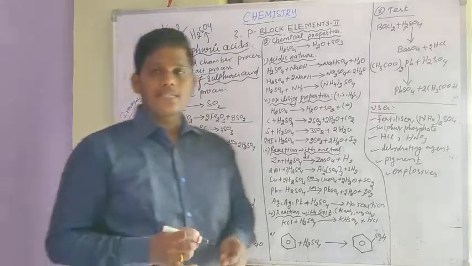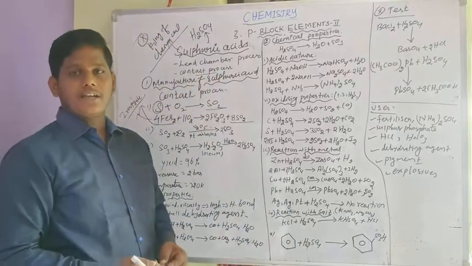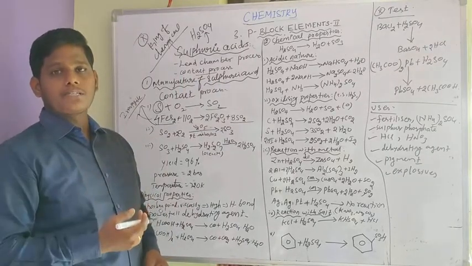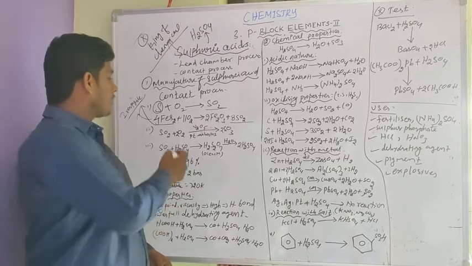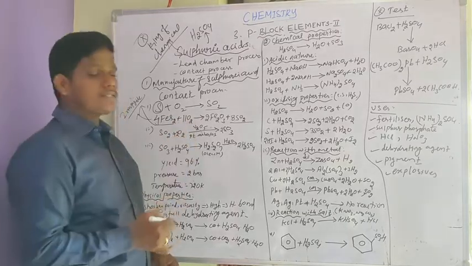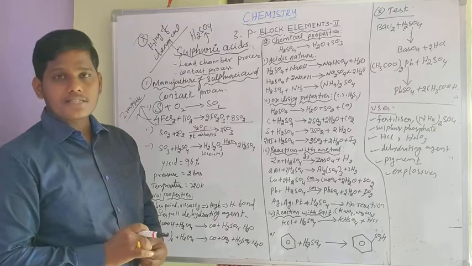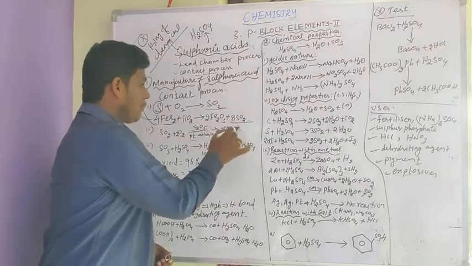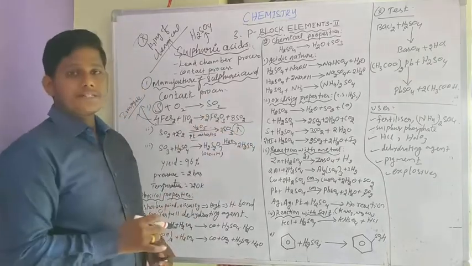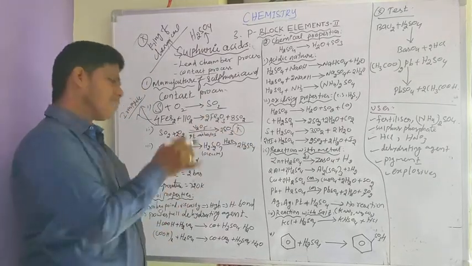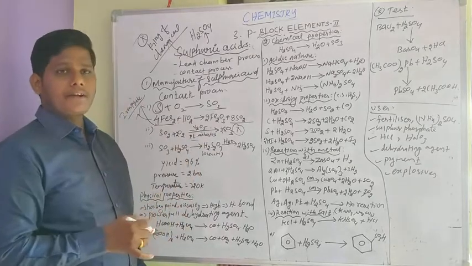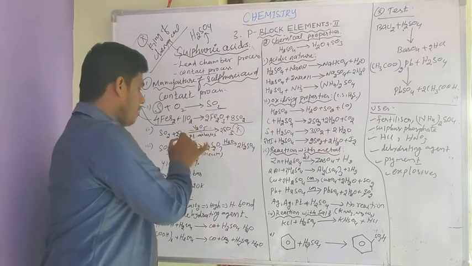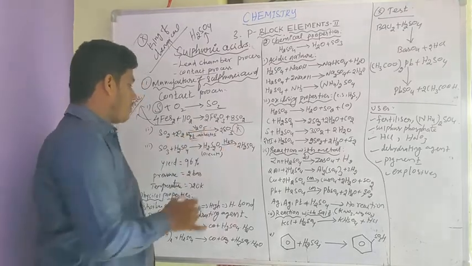Now this sulfur dioxide, SO2, is oxidized by oxygen to sulfur trioxide in the presence of vanadium pentoxide or platinum asbestos as catalyst. It is important: the catalyst is dry, porous V2O5, vanadium pentoxide, and platinum asbestos can also be used.